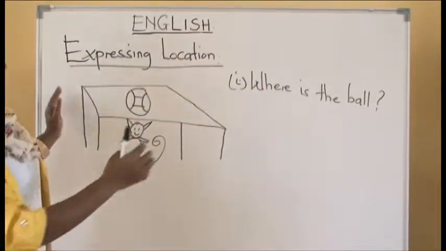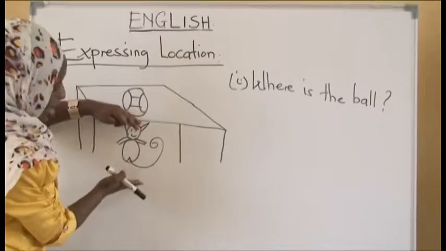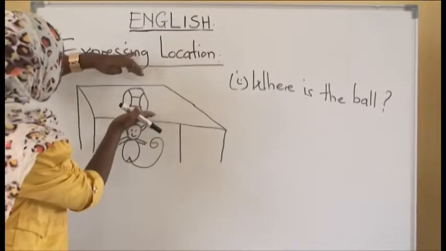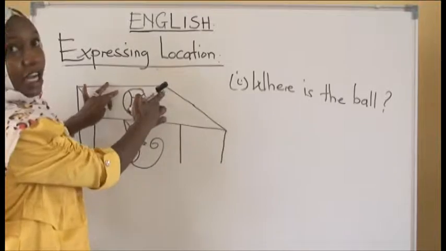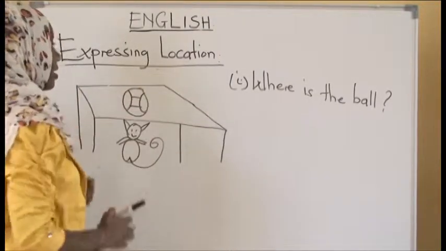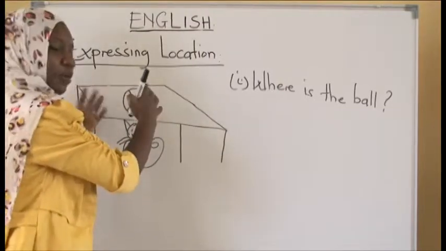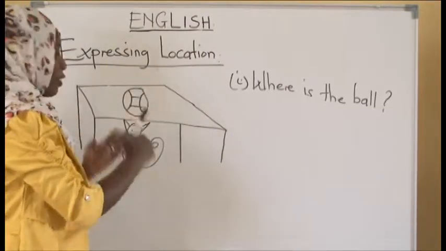We can all see this picture here. This is a picture of a table, and below this table there is a cat, and on top of this table we have a ball. But you are asked, where is the ball? And we have to use the preposition to answer this question, to show the location of this ball.